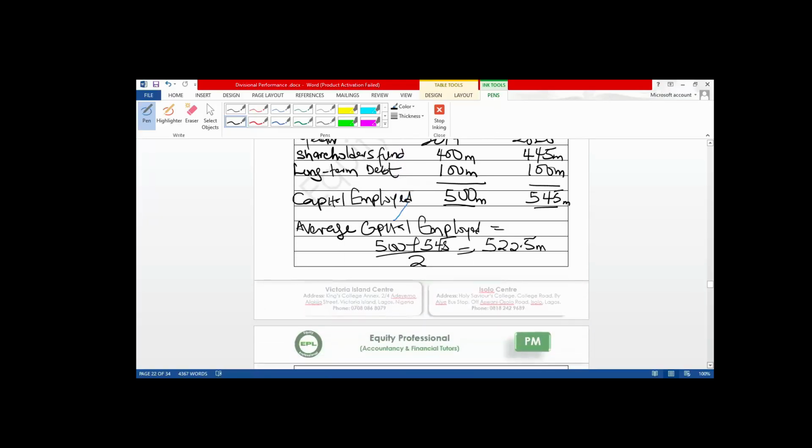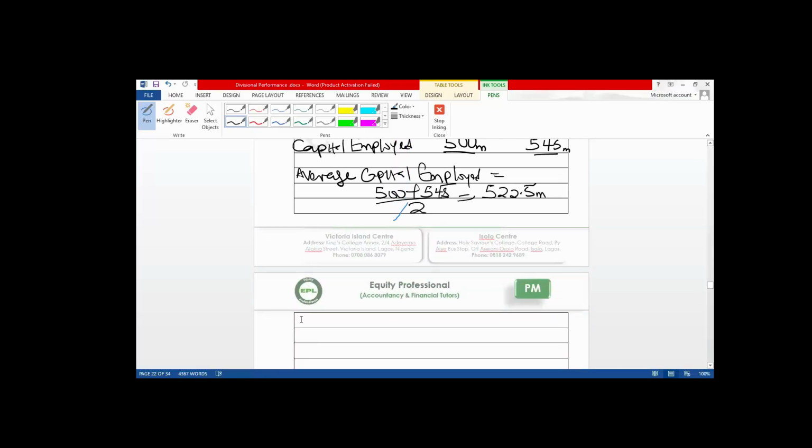You can calculate average rate of return.